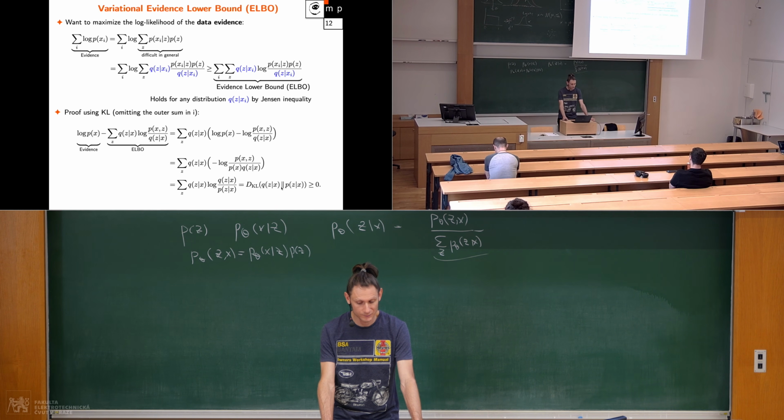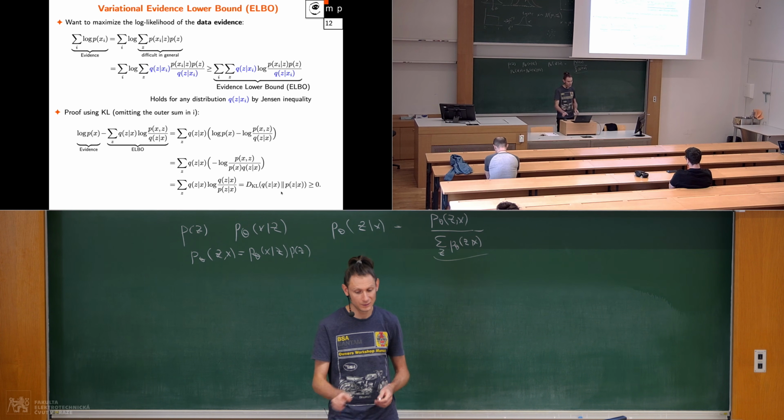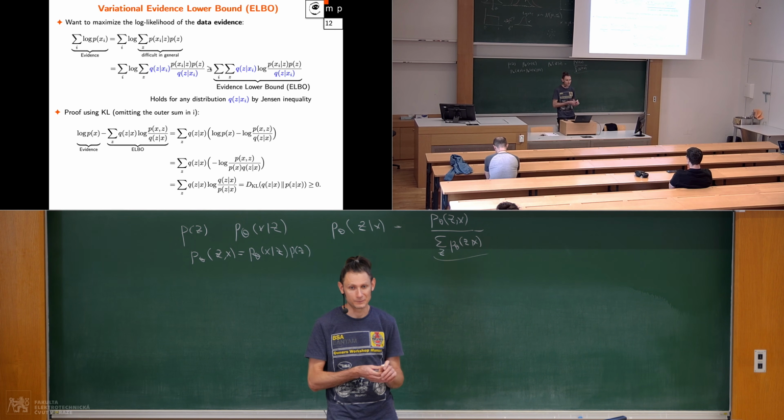If Q matches the true posterior, so if it can do this probabilistic inversion well, then the inequality becomes equality, and there is no gap.